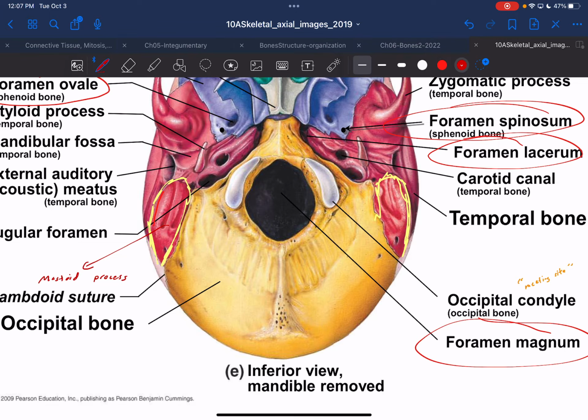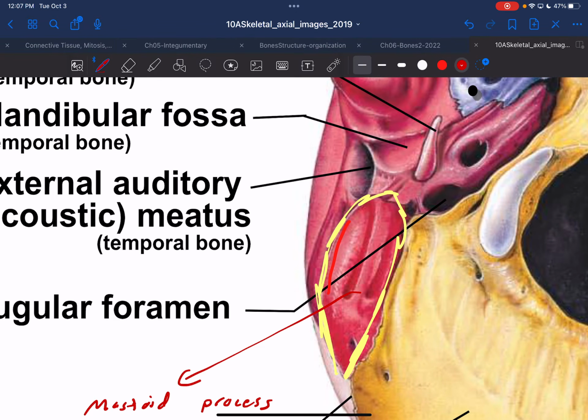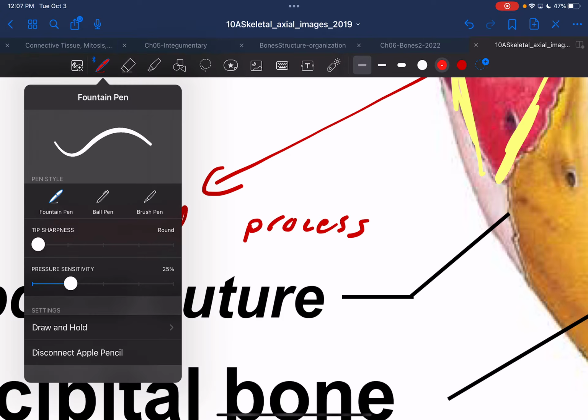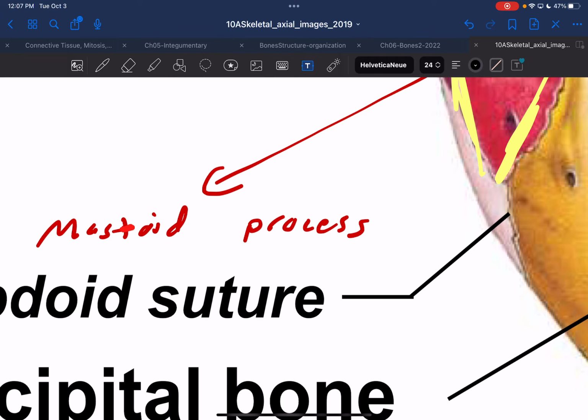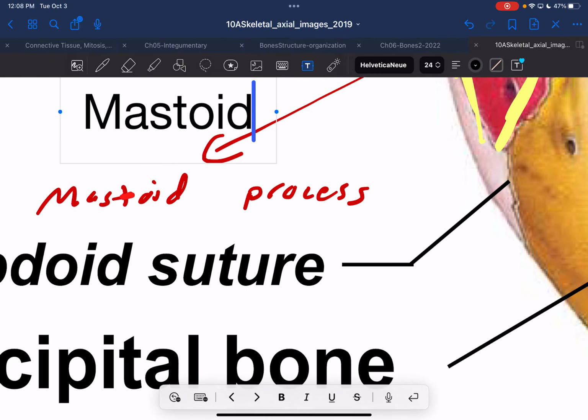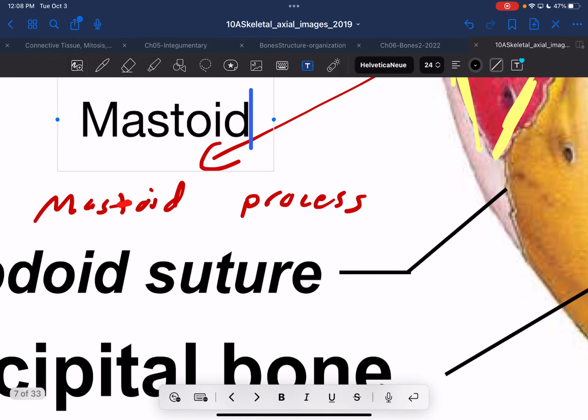And so that's going to be, again, the region behind your ear. The best way to remember this is that when you look at the slide, it says mastoid process. M-A-S-T, mastoid. Isn't there a way to draw? Yeah, like that. Oh, cool. Okay, cool.